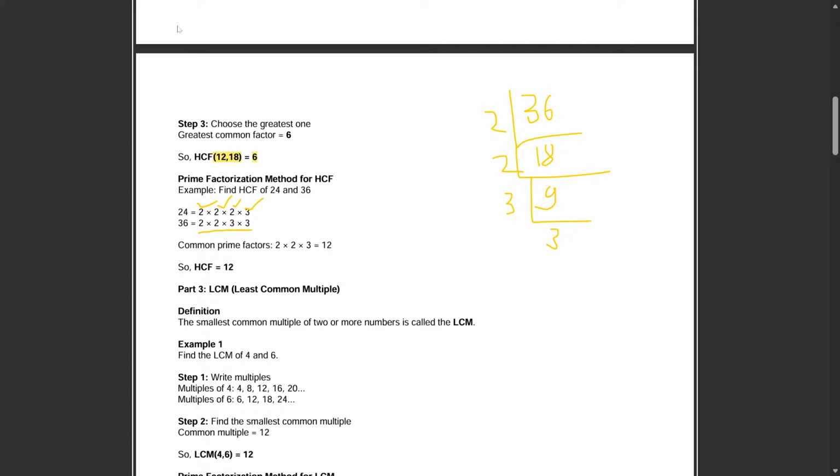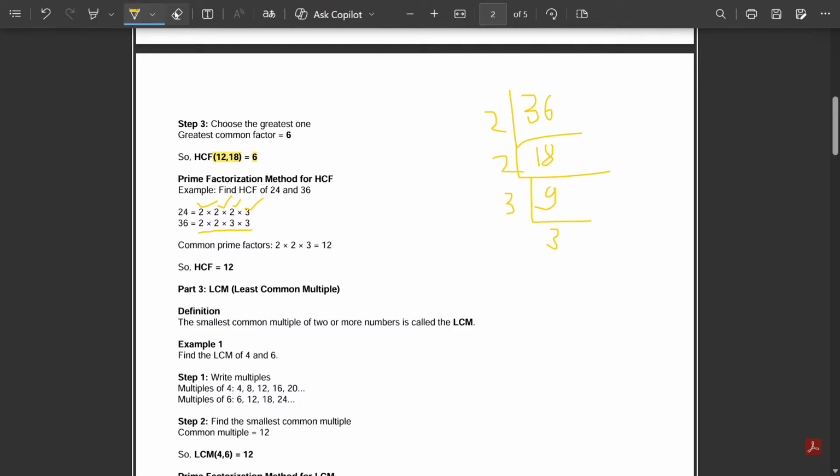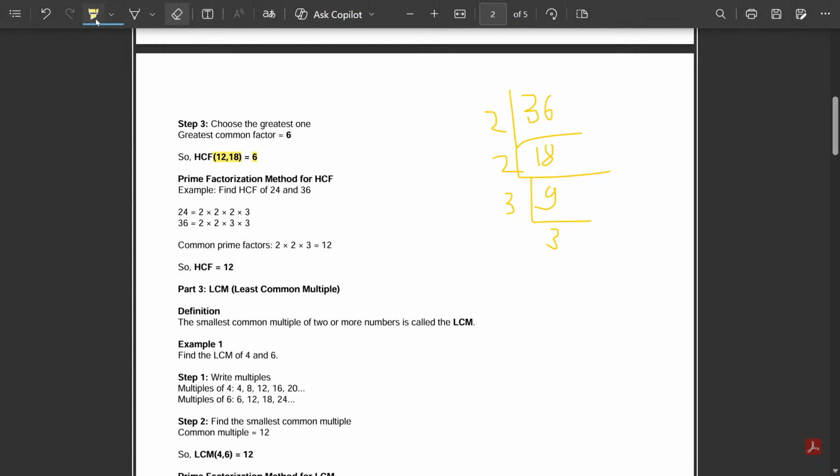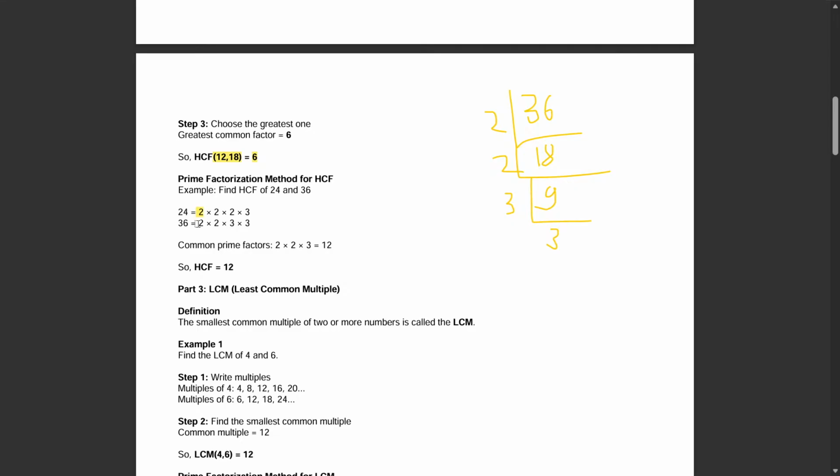Now we are going to find the common factors of 24 and 36. We get 2 as common, again 2, and again 3.